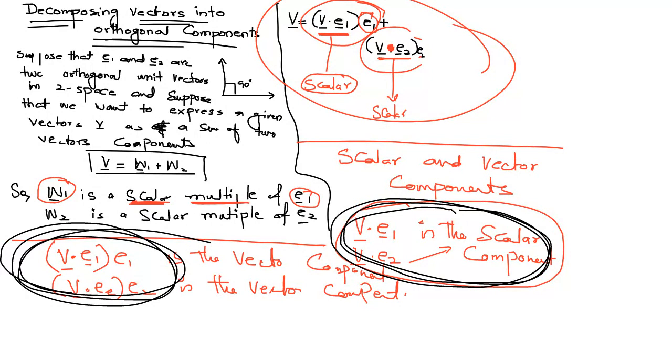Now I will give you one example, then it will be clear what I mean and how you can find these from the formulas. This is the example. Let vector v be equal to (2, 3).